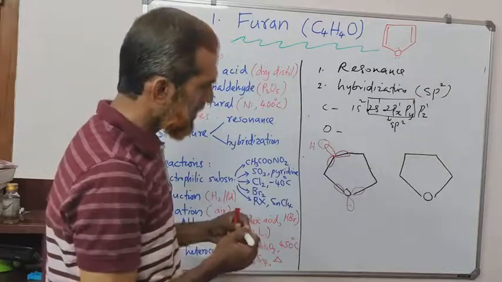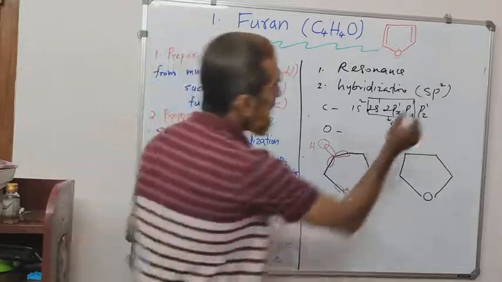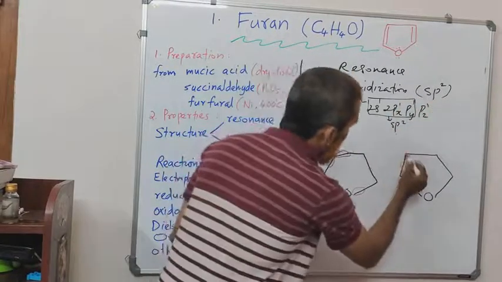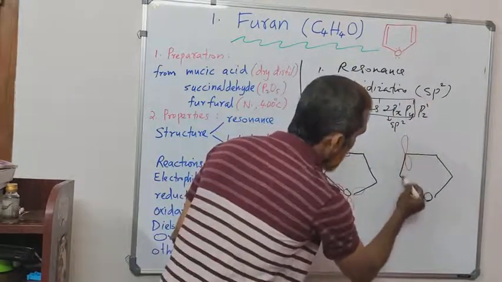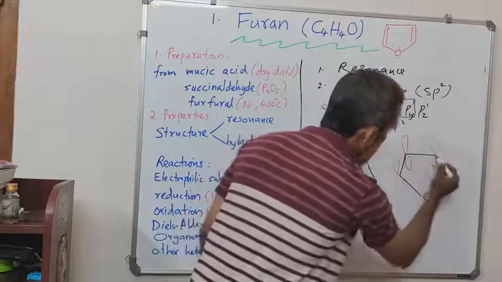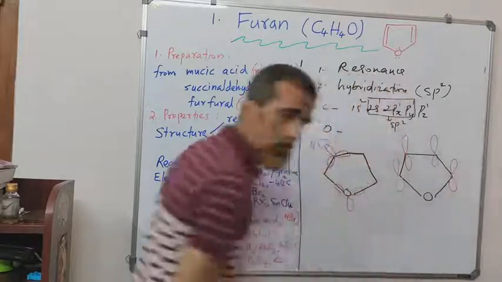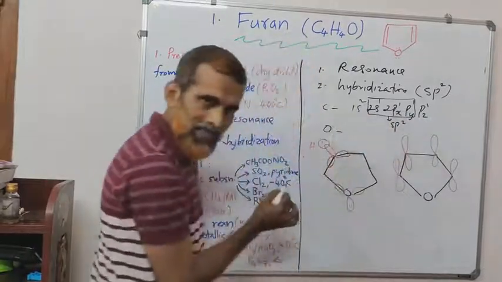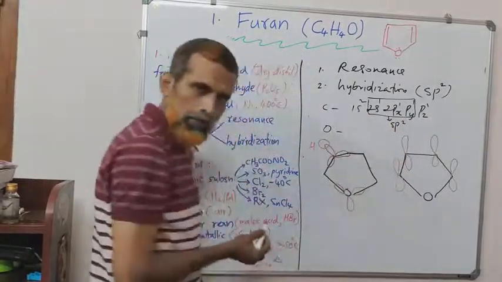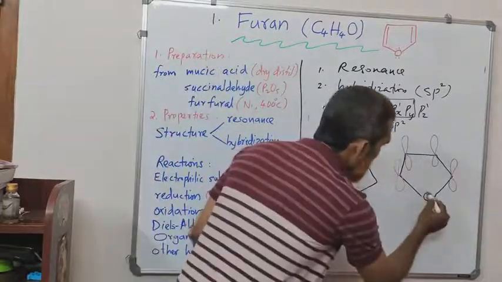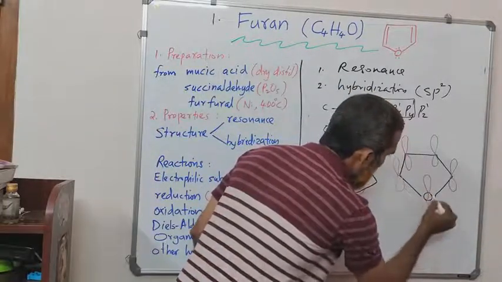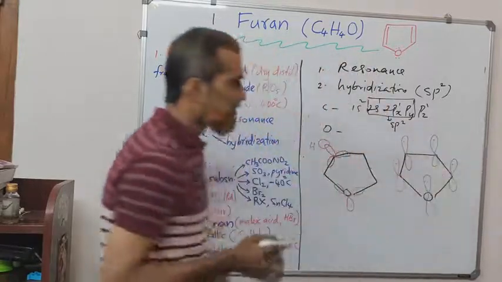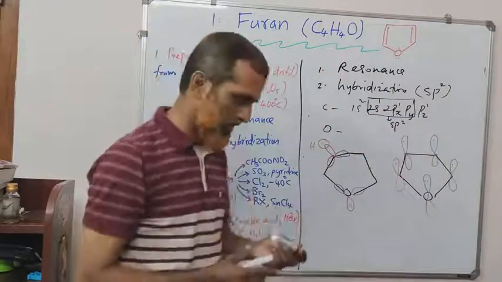So let us now consider the pi orbitals. Okay, on each carbon there is an unhybridized orbital which will be perpendicular to the hybrid orbital, so it comes like this. On each carbon 1 electron each. But what about oxygen? Remember, oxygen has 2 more electrons than carbon, so 1 electron is here and the other one is in this unhybridized orbital, so it has 2 electrons, whereas the unhybridized orbital on each carbon has only 1 electron.